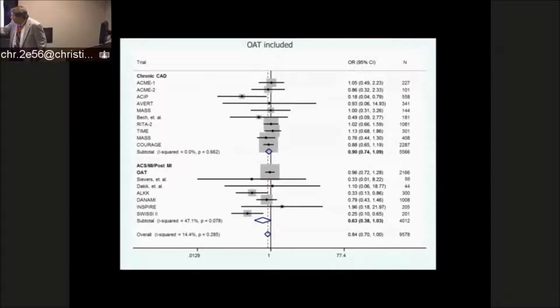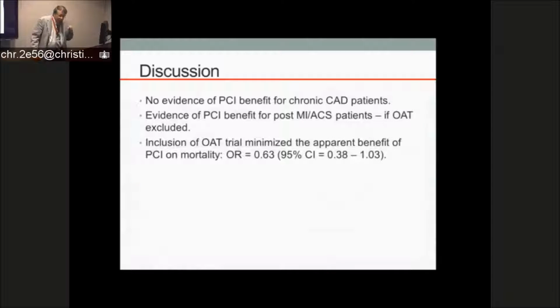And if you recompute the summary statistic, obviously there's not quite the significant benefit that there appeared to be when the OAT trial was not included. So the basic conclusion here is that there was no evidence of PCI benefit for chronic CAD patients, but there was for ACS patients or MI patients if you excluded the OAT trial. If you included the OAT trial, then that benefit sort of disappeared.